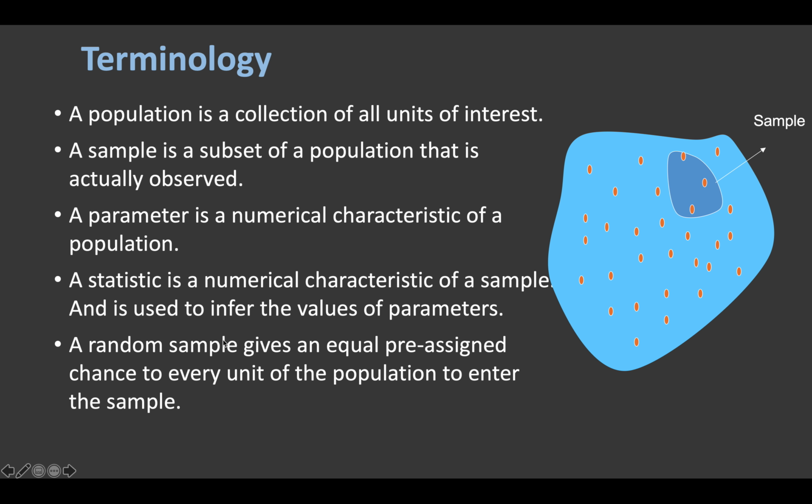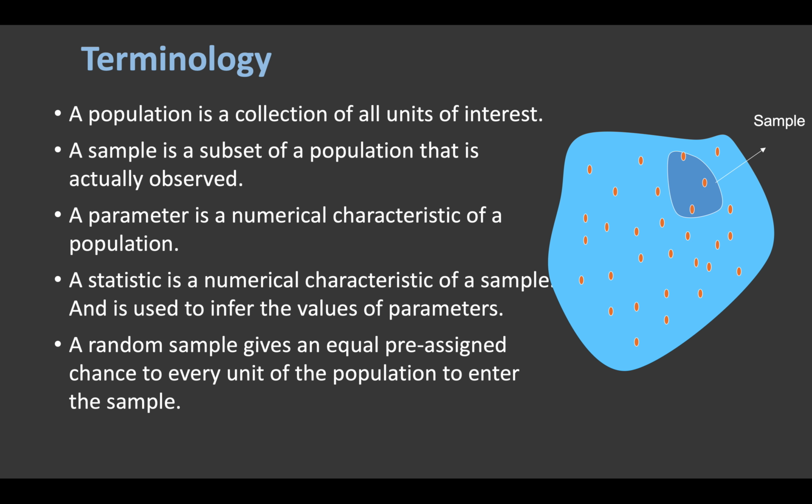A random sample gives an equal pre-assigned chance to every unit of the population to enter the sample, right? So if we say this is a sample, this may not be a random sample. We want to understand the population, but I cannot go to my daughter's preschool and say, oh, there are 12 people, this is a sample.